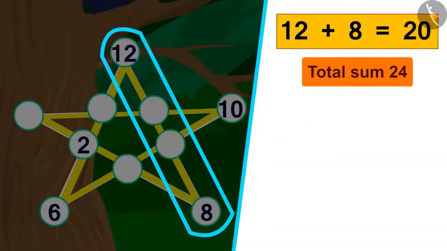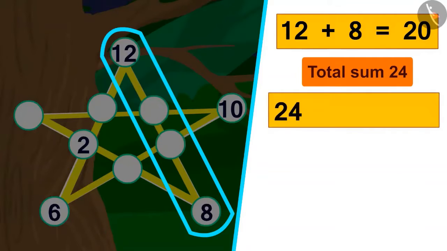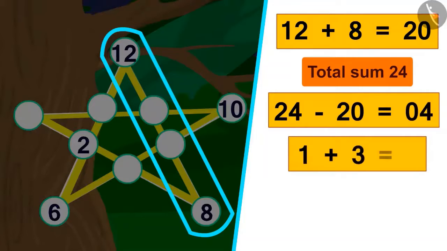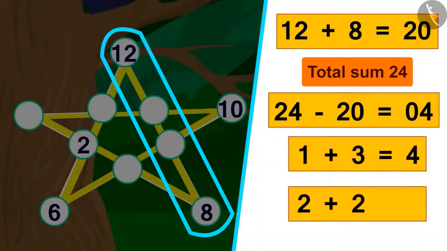This means that in these two spaces, we have to write numbers whose sum is 20 less than 24, or 4. We can write 4 by adding 1 to 3 and by adding 2 to 2.